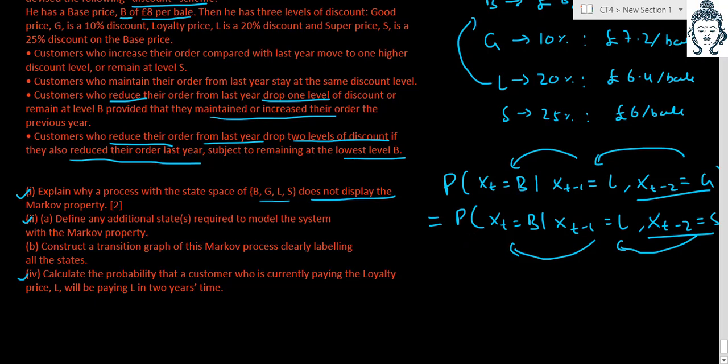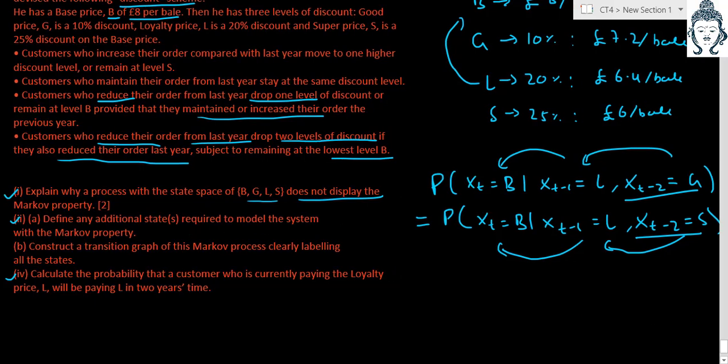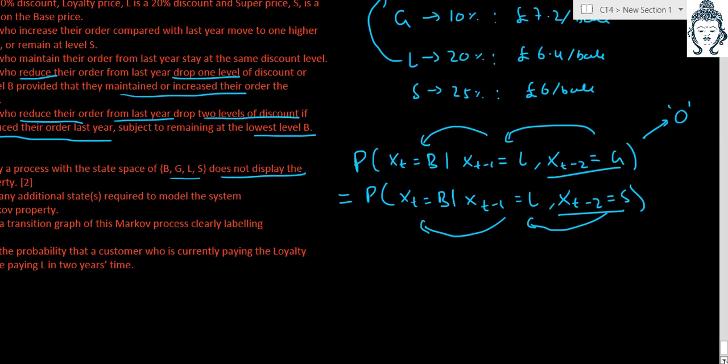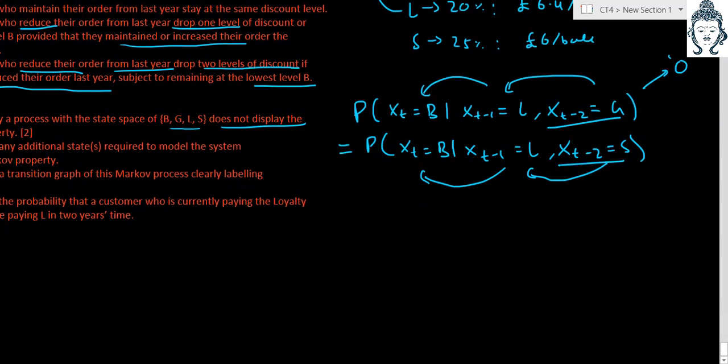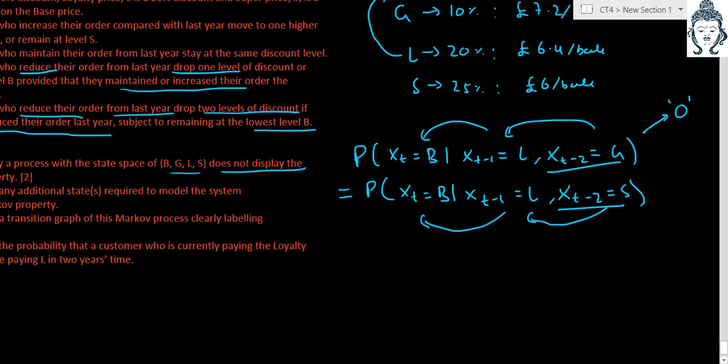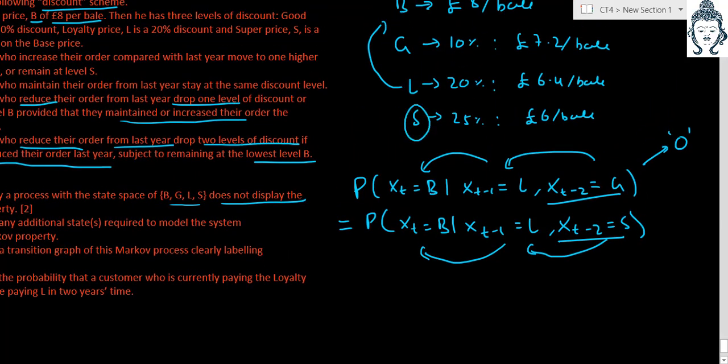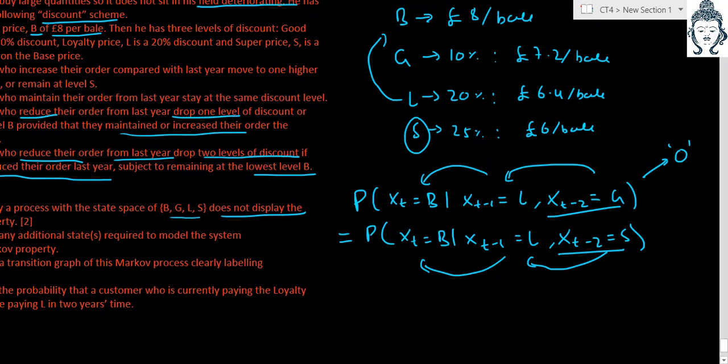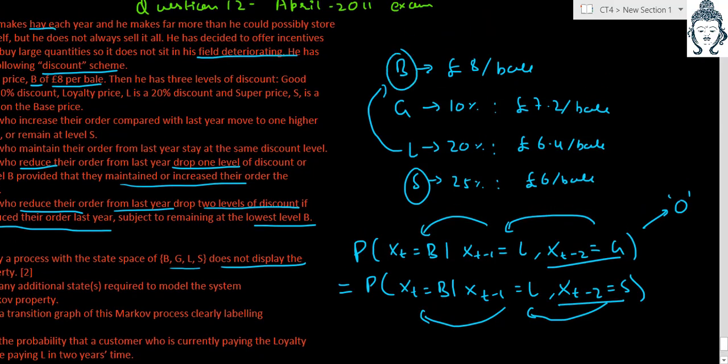Define any additional states required to model the system with the Markov property. So what is the additional state that I need to introduce? The maximum level of discount is S, the minimum is B. If you are in S, it means that you increased your sale or maintained your sale last year, right?